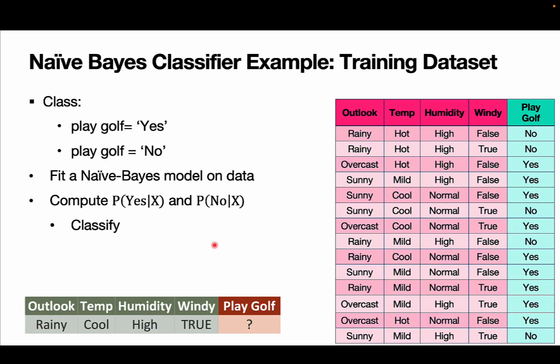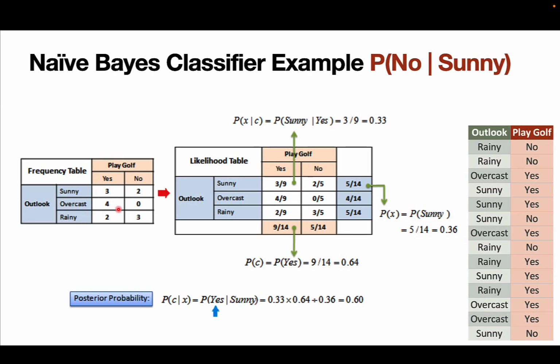Now we are back to the Play Golf dataset, and our goal is to compute the class label for all of the examples in the dataset. So we better have a more systematic way to keep track of the frequencies of different attributes given each class label, then compute the likelihoods so I can plug them into the formula.